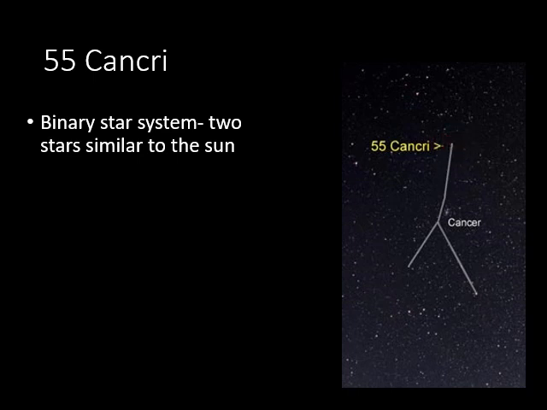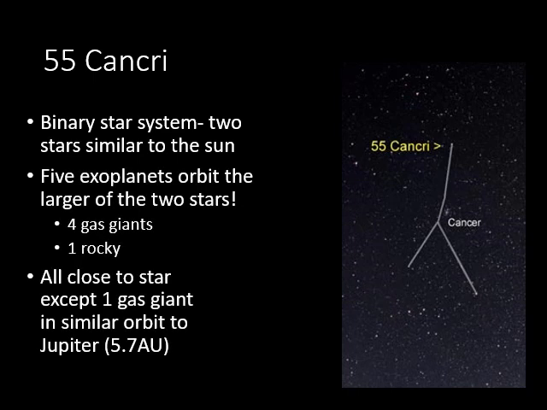Now, this star is, again, a binary star system, two stars that are gravitationally bound together, orbiting around one another, and they are roughly the size of our sun. But what's interesting is that I said there are planets orbiting around this star. In total, there are 5 exoplanets that orbit the slightly larger of the two stars in the binary system.